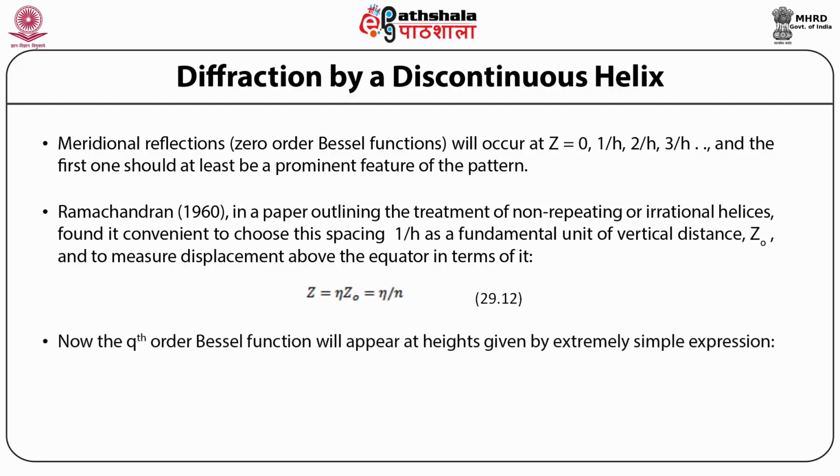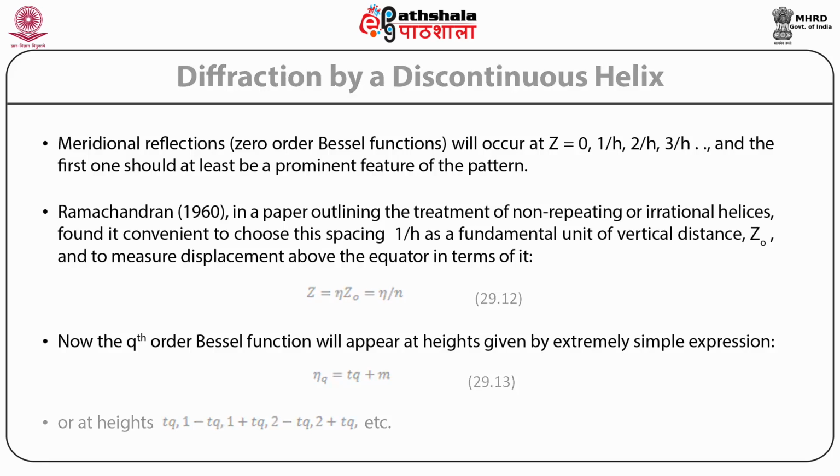Now, the qth order Bessel function will appear at heights given by the extremely simple expression eta of q equals tq plus m, or at heights tq, 1 minus tq, 1 plus tq, 2 minus tq, 2 plus tq, etc., as given in 29.13.